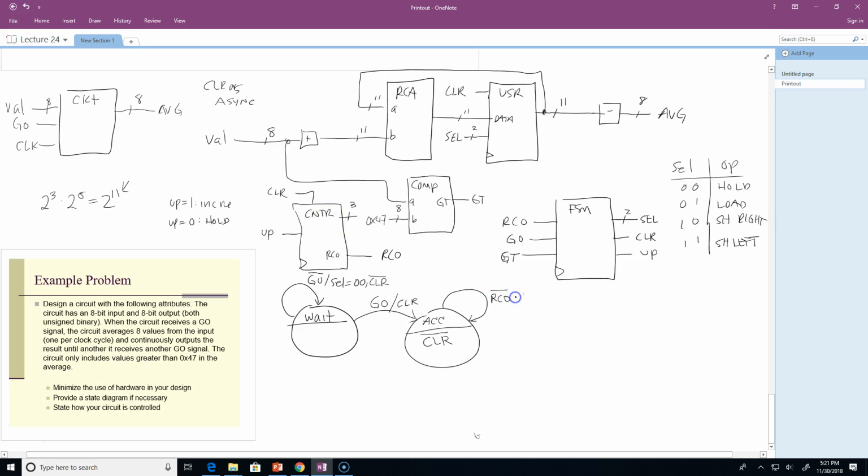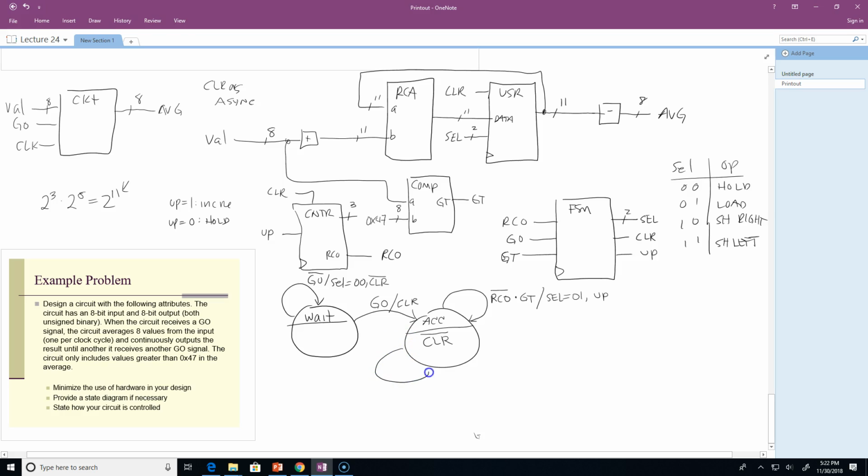Under those conditions, I haven't got a ripple carry out. Greater than is happening. What I need to do is load the shift register, LCL equals 0, 1. Additionally, I want to turn the counter up, so I want to increment the counter.